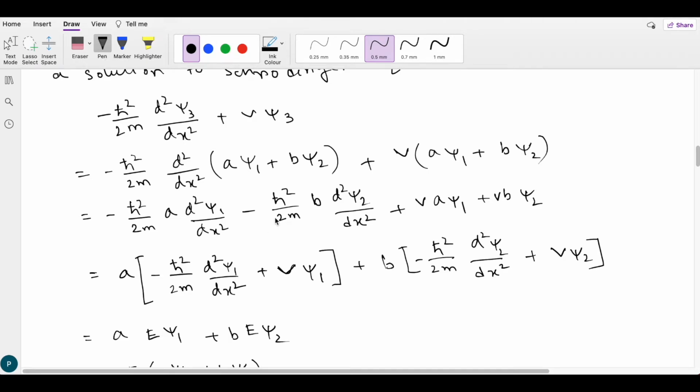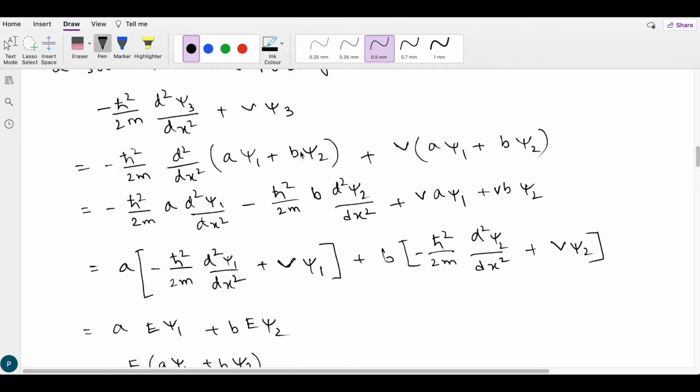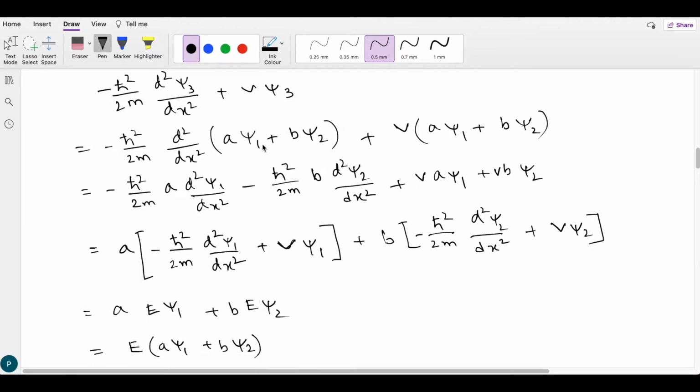Let's do it. Minus h cut squared by 2m d2 psi 3 by dx squared plus V psi 3 equals, we have to put psi 3 as a psi 1 plus b psi 2, and then differentiate both of the terms separately.